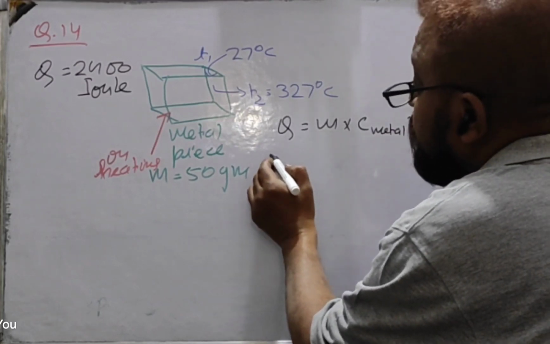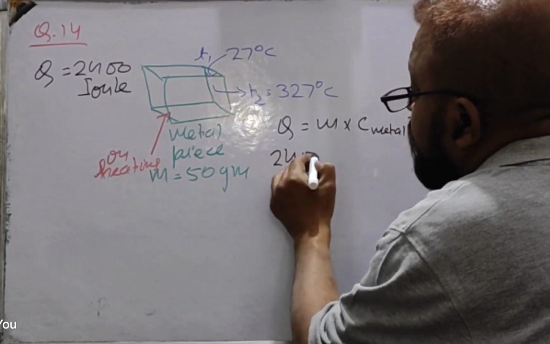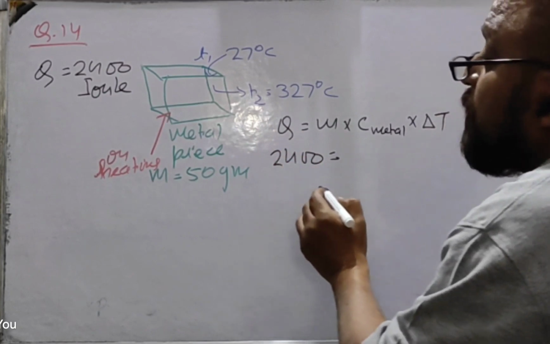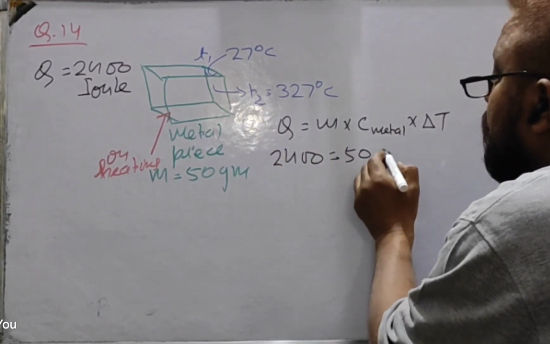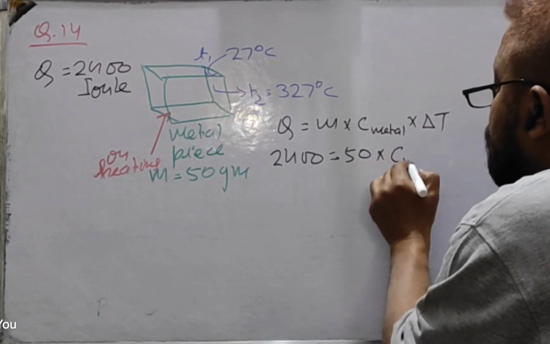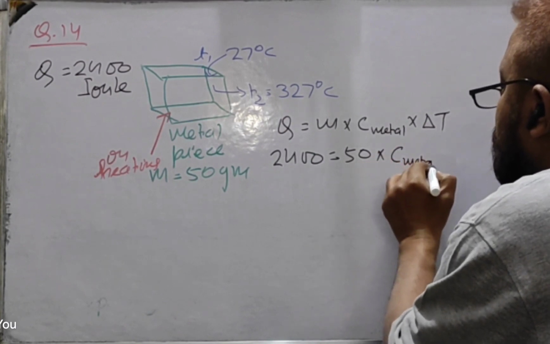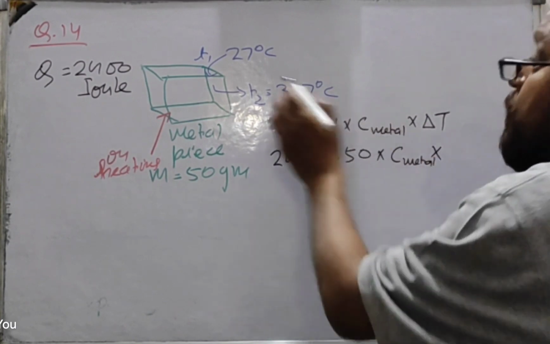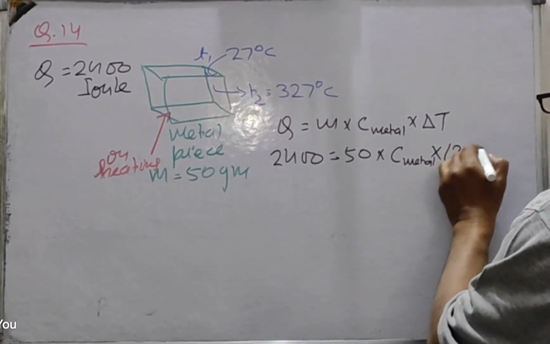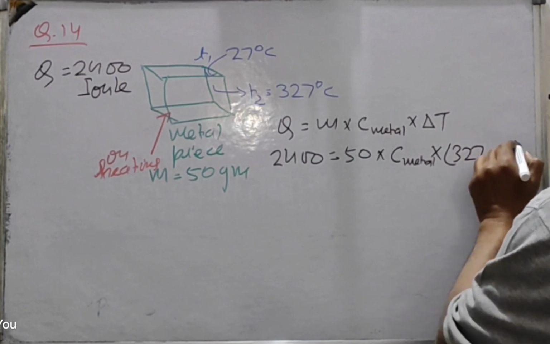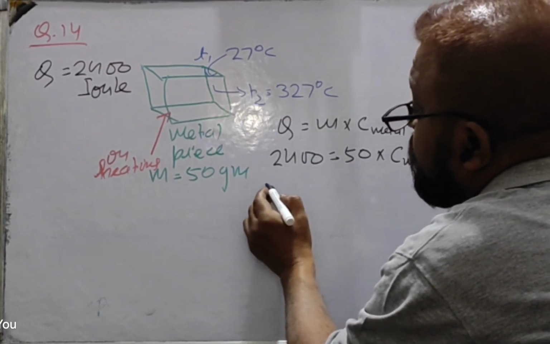So Q, 2400, is equal to mass, 50 gram, into the specific heat capacity of metal, which we have to find, into 327 minus 27.